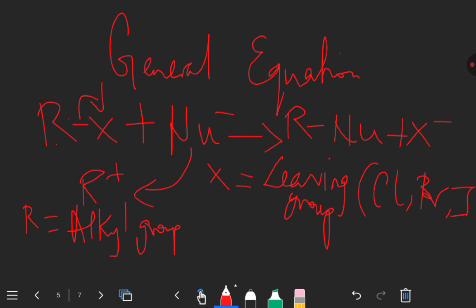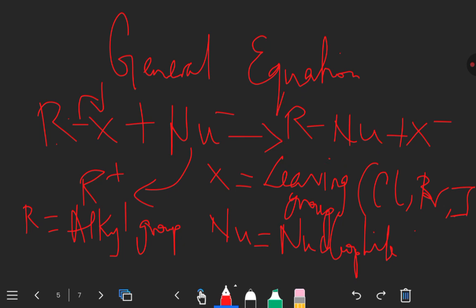Then N is simply a nucleophile, and the product is simply the alkyl group bonded to this nucleophile.